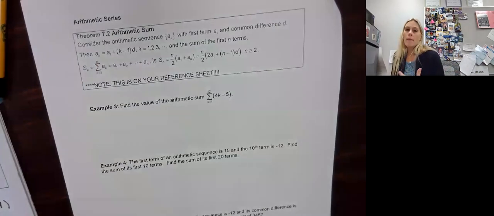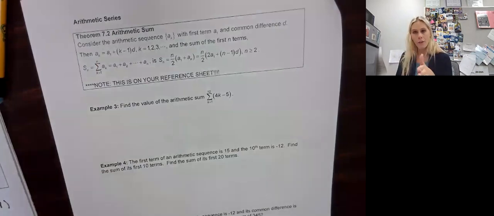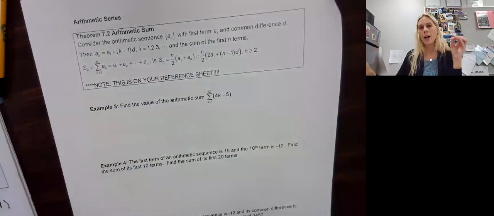To find the summation, there are two equations that we could use to make this faster. Remember on the first page how we had the 3 problems and we had to write them all out and then add them all together, and if we had a lot, it would take a lot of time.